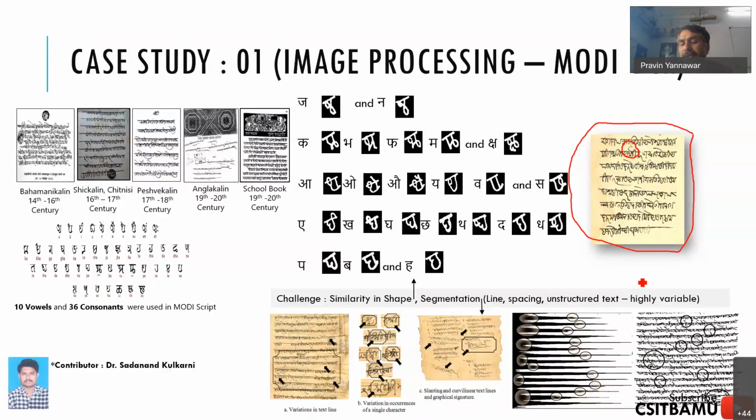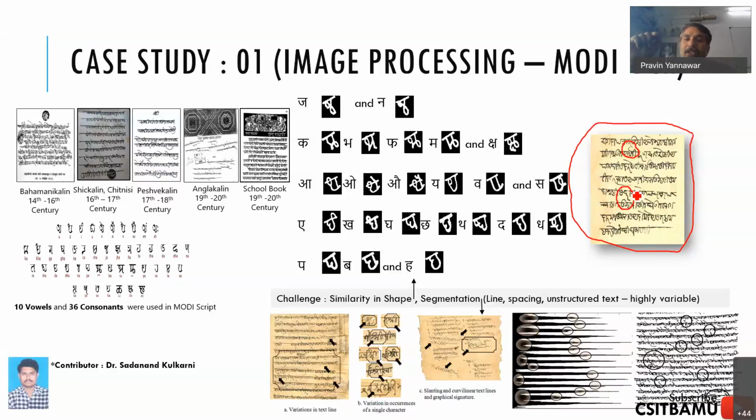In this section, you'll find that the characters are mixed together. So it is really very difficult for a person to divide the data into lines. Segmenting a line is a very critical issue. In the case of Marathi as well as Modi, the most important thing is the Shirorekha.